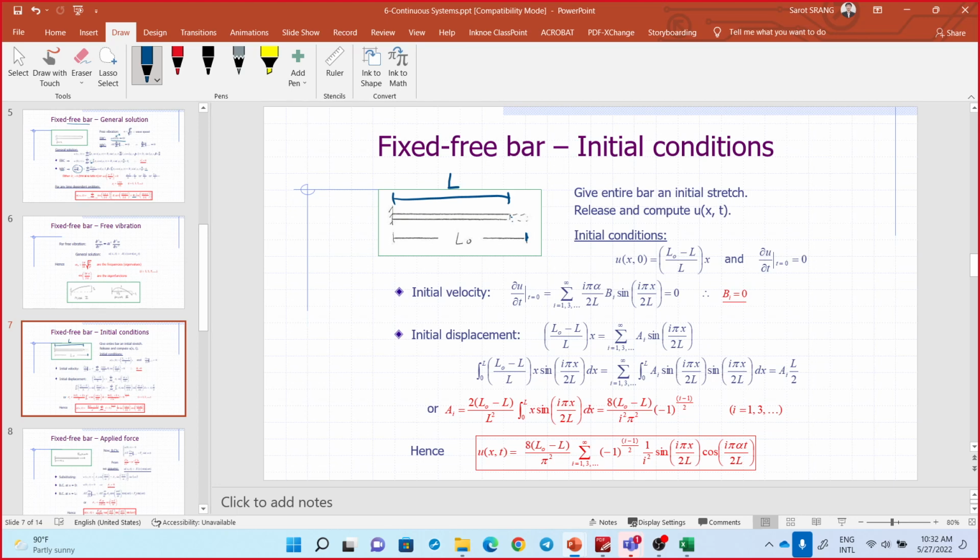Then the displacement u at L at initial time should be L0 minus L. Okay, this distance.